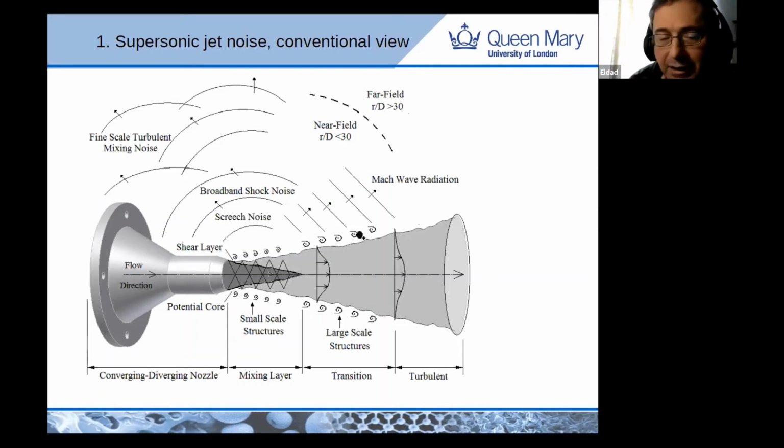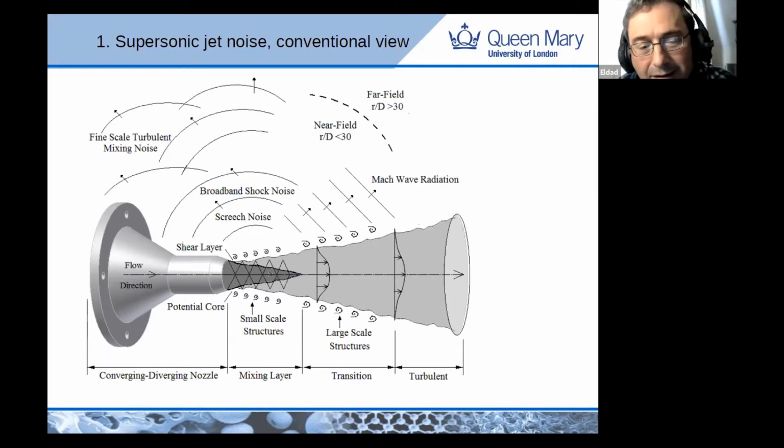Because it's a finite time span, they generate what someone could call weak shock waves or Mach wave radiation, and that is in the Mach direction. Now, if the jet is ideally expanded, we have the Mach wave radiation and then quadrupole noise, supersonic generated noise.